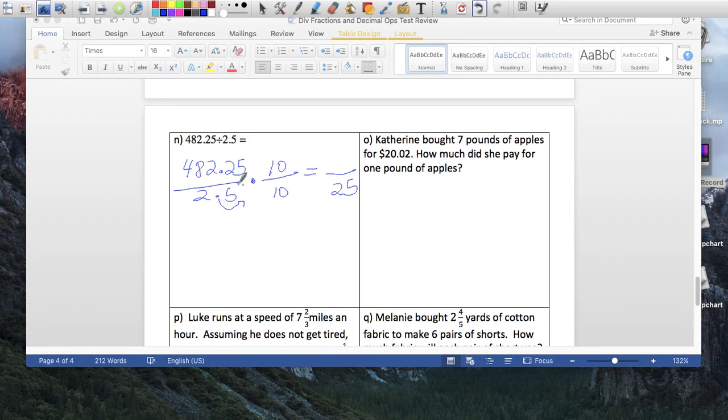And on top, we multiply by 10, which makes this decimal move one place value to the right. So our top number becomes 4822.5, and those are the numbers we're going to use to divide. So let me divide that. 4822.5. Our dividend is a decimal number, not a big deal. Our divisor is a whole number, which is what we want.